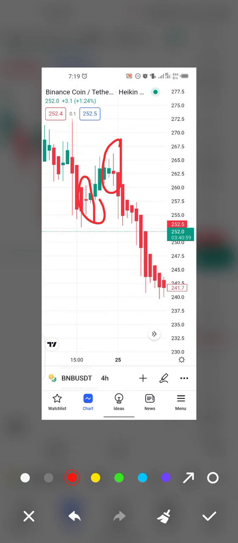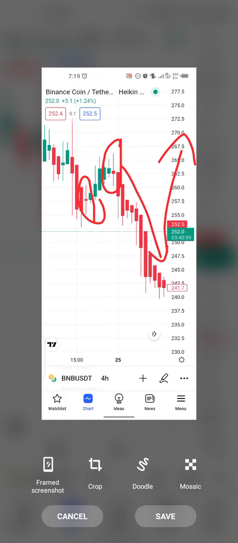If it was a downward trend like this one, and a doji is formed, then it will become a bullish trend. If it was a bullish trend, like this was coming up, and now there comes a doji, then it means it will become a downward trend. I hope you are following.